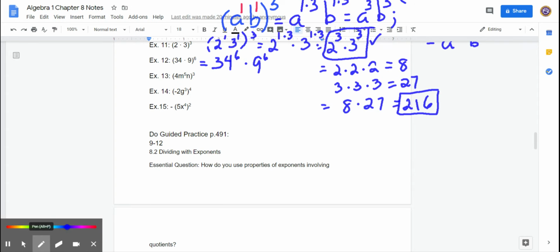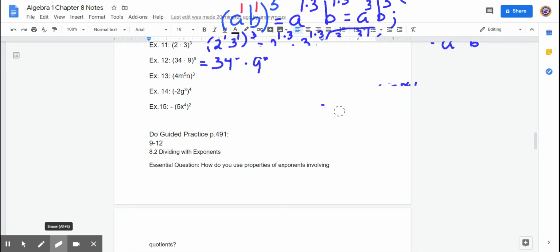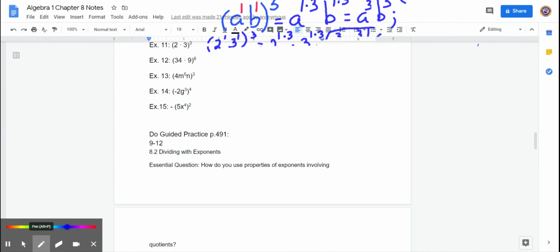Let's do number 13. I'm going to erase some of this so I can write on here. So 13 says 4m to the fifth n, quantity cubed.